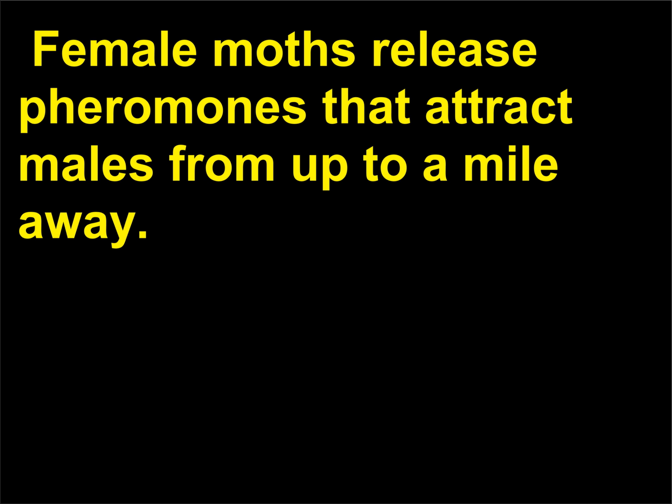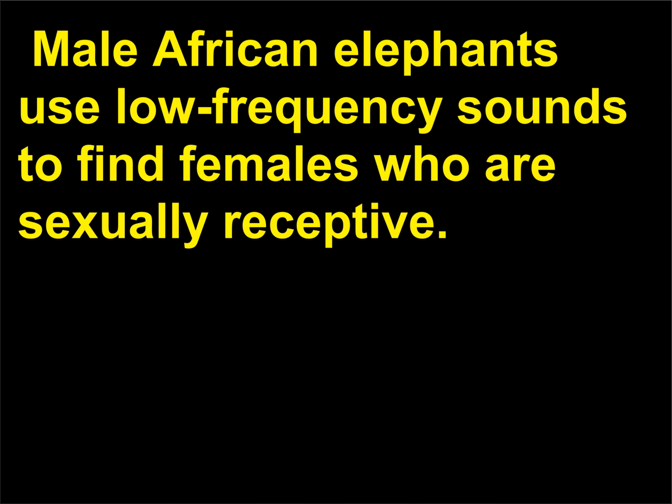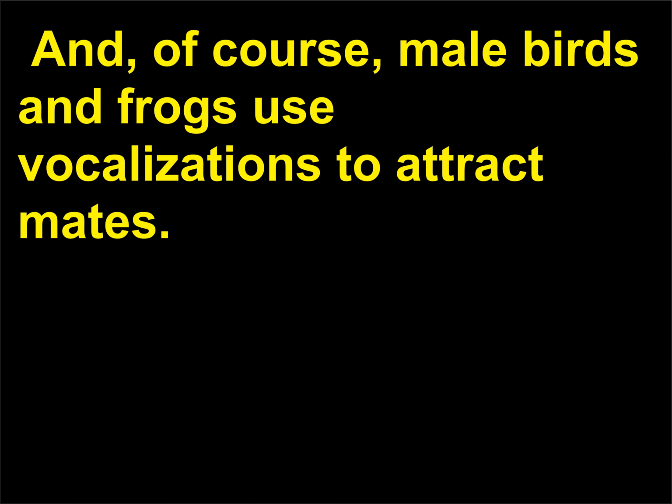Female moths release pheromones that attract males from up to a mile away. Male African elephants use low-frequency sounds to find females who are sexually receptive. And, of course, male birds and frogs use vocalizations to attract mates.